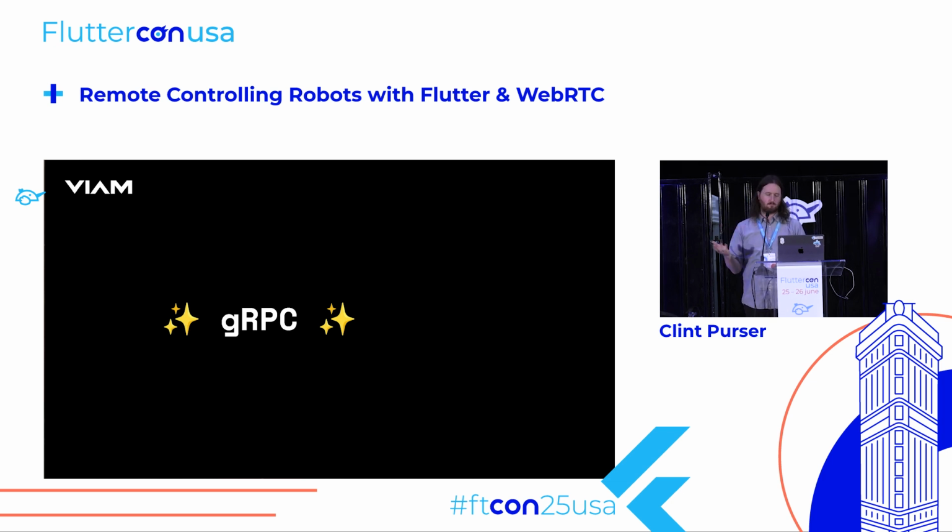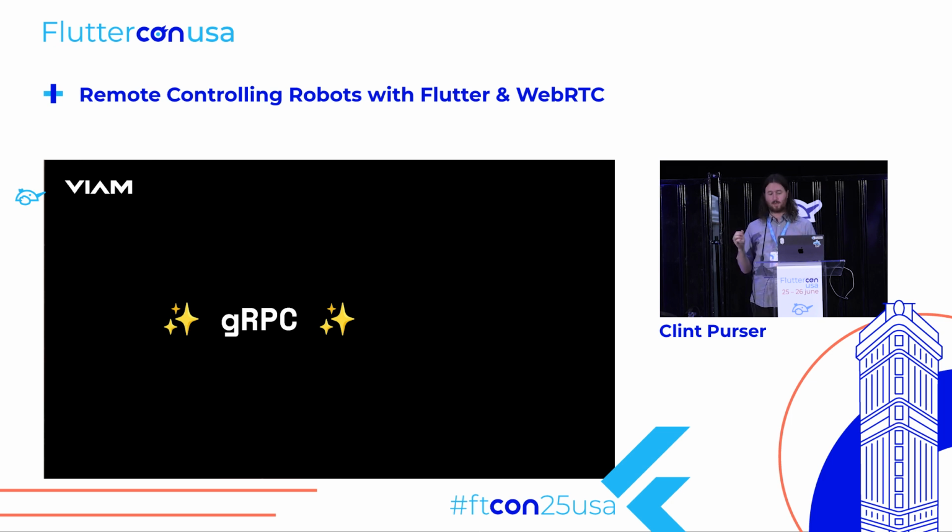I think the best way to approach this, a really good technology, is to use gRPC. You can use gRPC and protobufs to define the messages you're going to send, generate the code for it in a bunch of different languages, and then be able to send that over the wire.